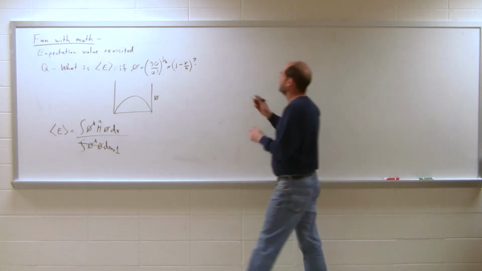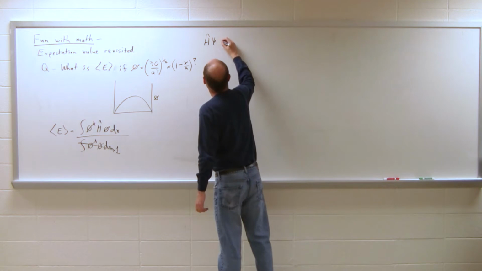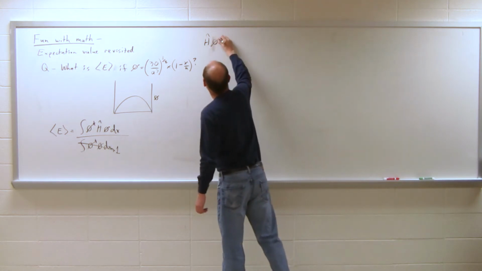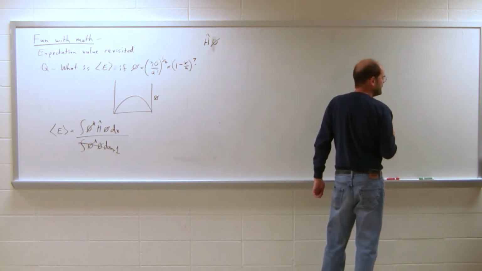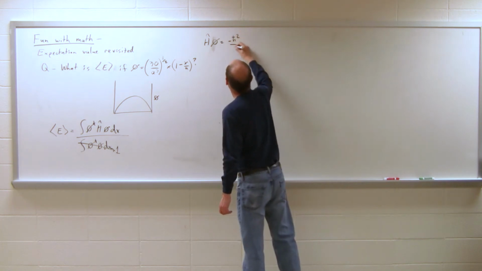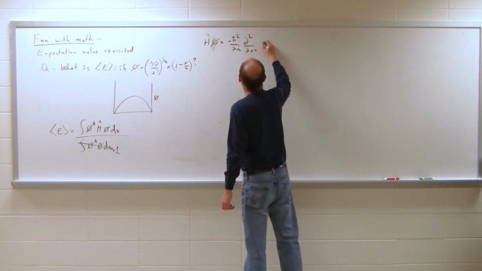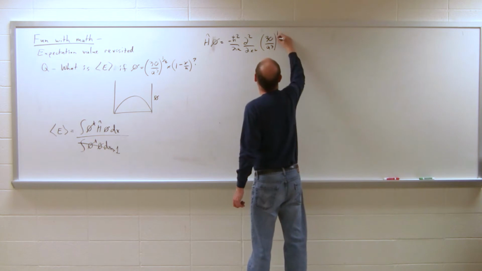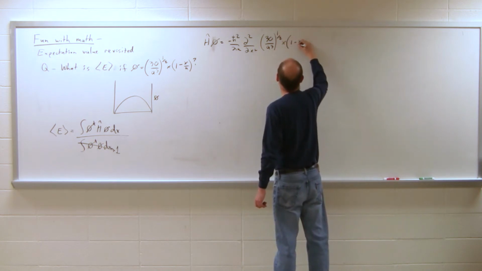I'm going to start with H operating on psi, which is equal to minus h bar squared over 2m, second derivative of (30 over a to the third) to the 1/2 times x times (1 minus x over a).